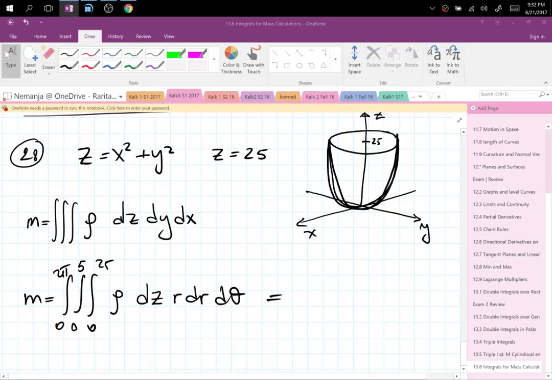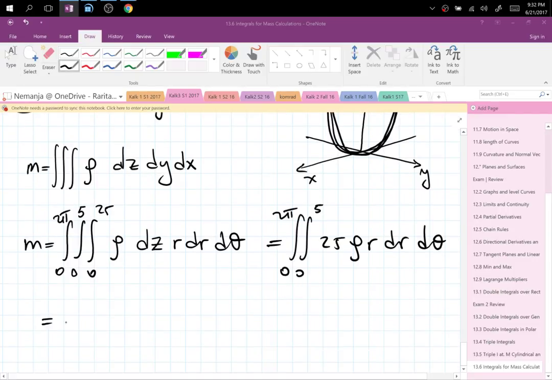We compute this, so that's 25 rho r dr d theta. Now we're going to kick out 25 rho, integral 0 to 2 pi, and when I integrate r, I get r squared over 2 from 0 to 5 d theta.